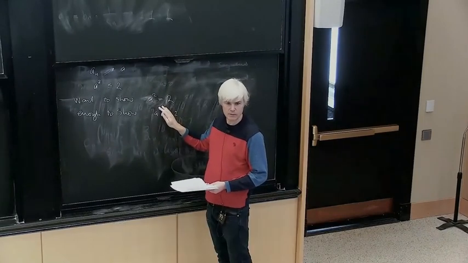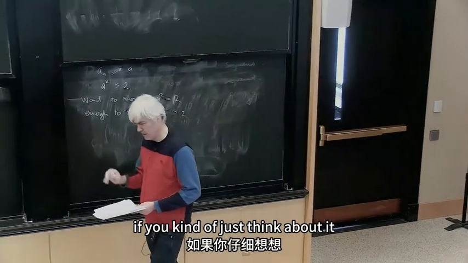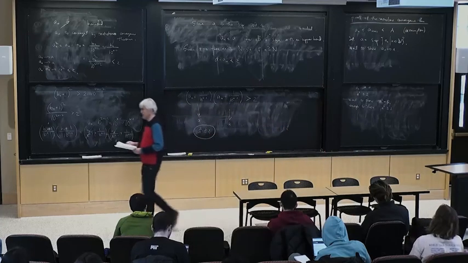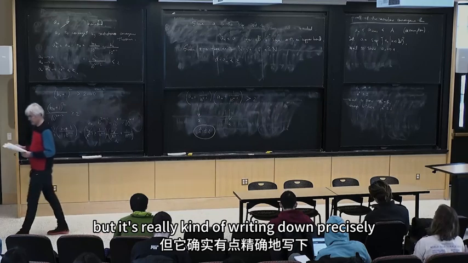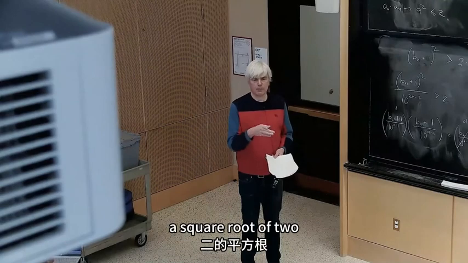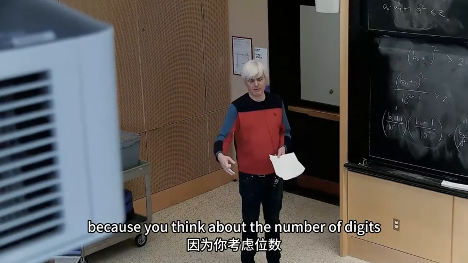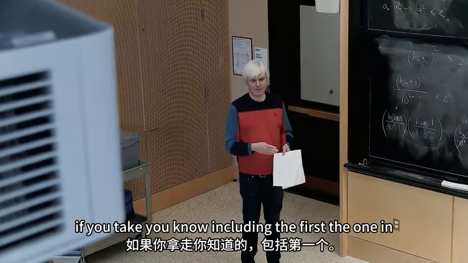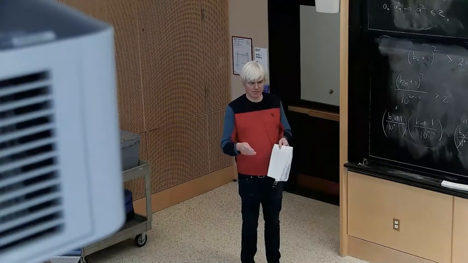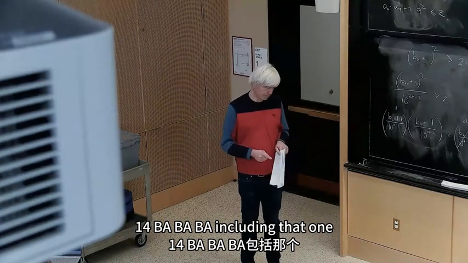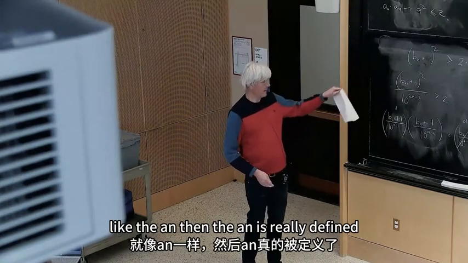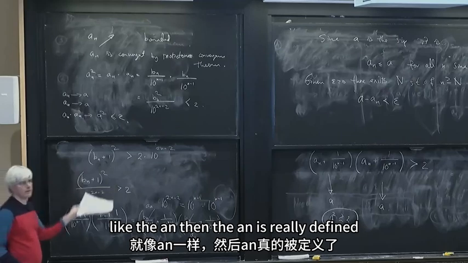If you just think about it, it sounds maybe a little bit convoluted, but it's really writing down precisely what you think about when you're thinking about the square root of 2, because you think about the number of digits. If you take, including the first 1 in 1.4, the number of digits, like the an, then the an is really defined.